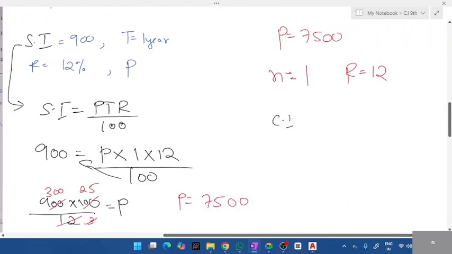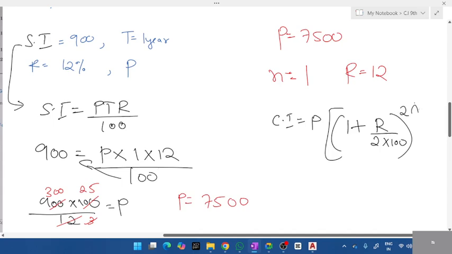Tell me the formula, students. P into 1 plus. Should I write R or R divided by 2? What is the compound interest formula? R divided by 2, right? Semi-annual or half yearly? 2 into 100 to the whole power 2n. What is 2 into n value?